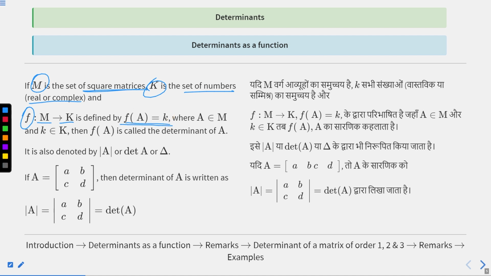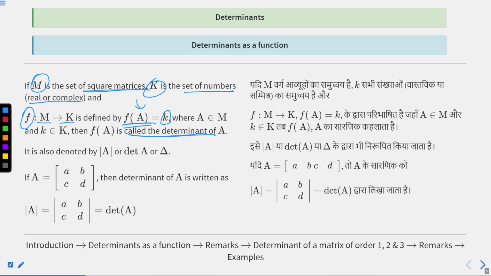So this A is associated with some number K, which can be complex or real. This K, in other words F of A, will be our determinant of A. Simple.